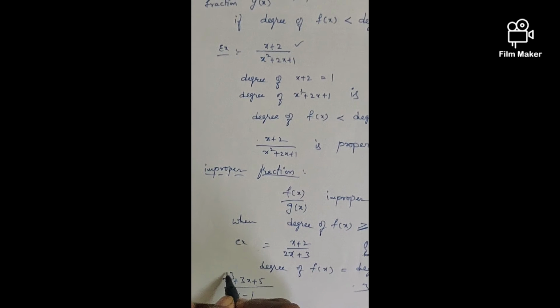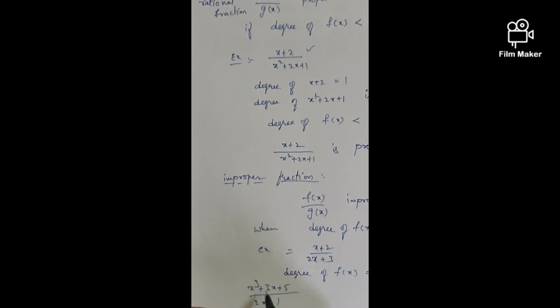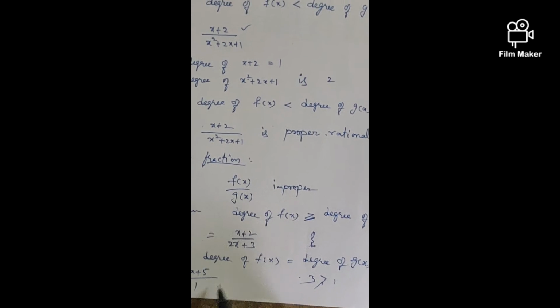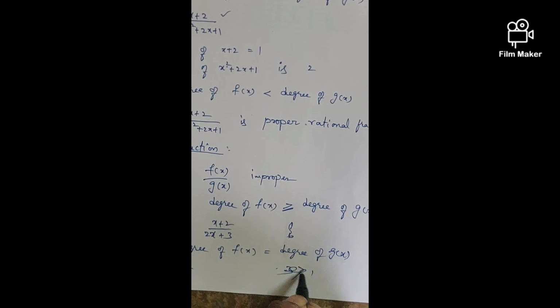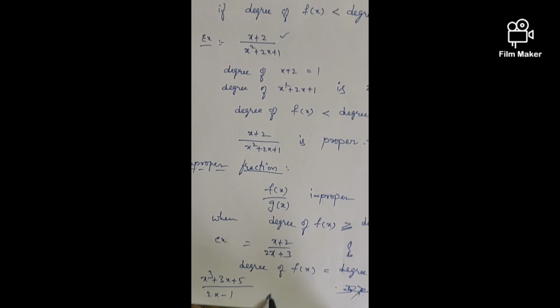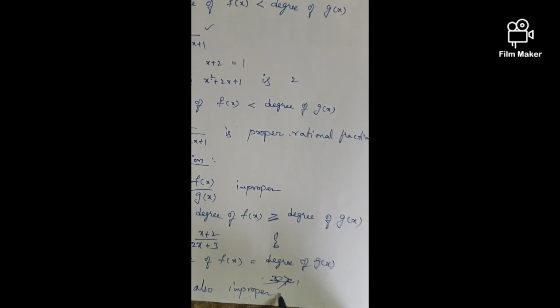Here the highest power of x is 3. So the degree 3 is greater than 1. The degree of f of x is greater than the degree of g of x. So this is also an improper rational fraction.